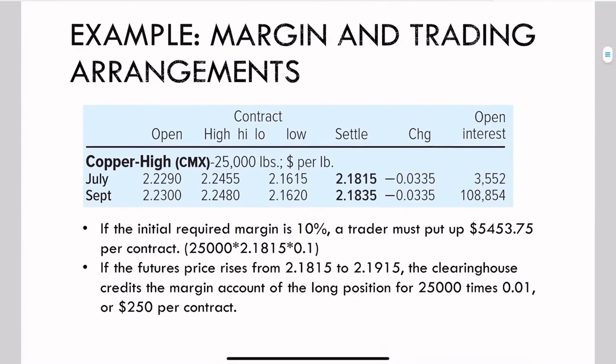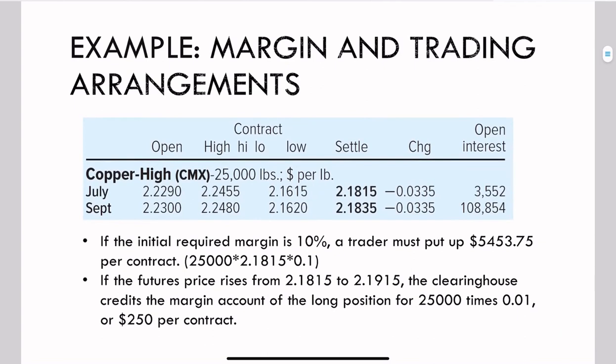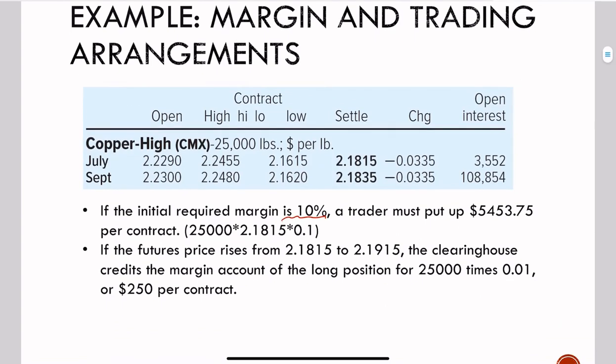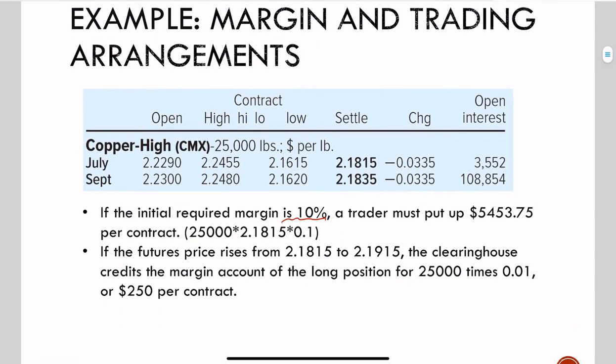Let's say the initial required margin is 10%. Now let's say you wanted to buy just one contract. You would know that the size of the contract is 25,000 pounds. And what is your futures price? Let's say the futures price is the same as the settlement price.